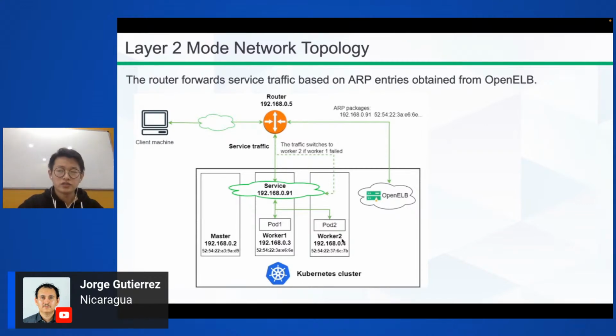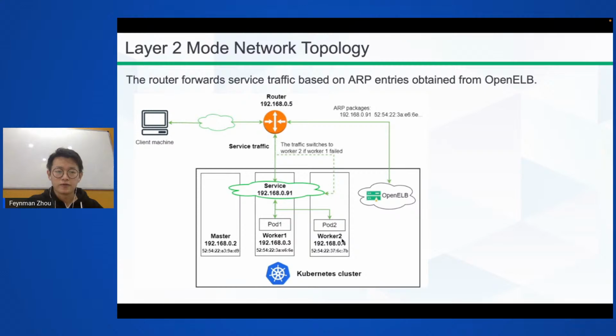But there is a typical disadvantage if you are using layer 2, since there might be an interruption for a while. It needs to switch your request from worker 1 to worker 2, so your service might be interrupted for a while in this period.